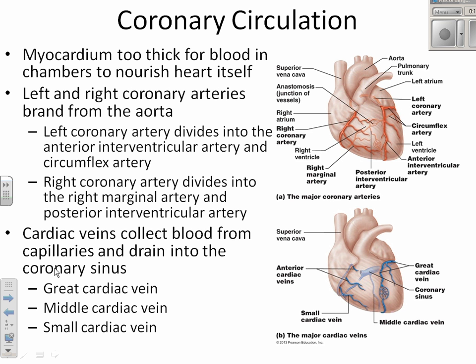So there that is. The first thing you think about is left and right coronary artery. The left one splits into the circumflex and the interventricular artery here. The right one on this side divides into the right marginal artery and the posterior interventricular artery as well. So here's that right coronary artery, and here's the marginal artery. You can see that little artery coming off, and the interventricular artery as well.